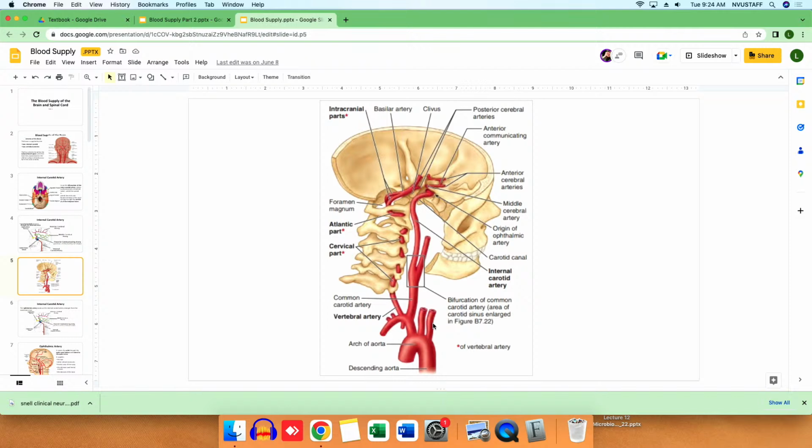So that's why, one more time, we do have right and left common carotids, right and left subclavian arteries, and both of these pairs are contributing to the blood supply of the brain and spinal cord. So literally it means that we always have 2 sources for the blood supply in case of the CNS. Is it clear what I'm saying? Good.